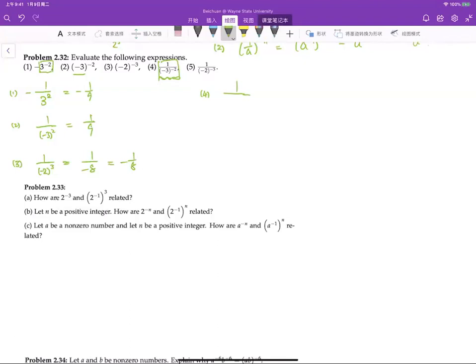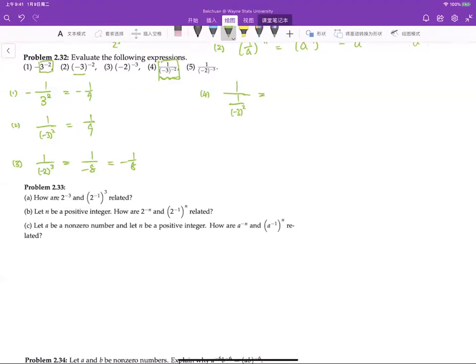And then what is it? 1 over 3 to the negative second power. Good. So 1 over 3 squared, right? So what is it? That's negative 3 squared. Good.